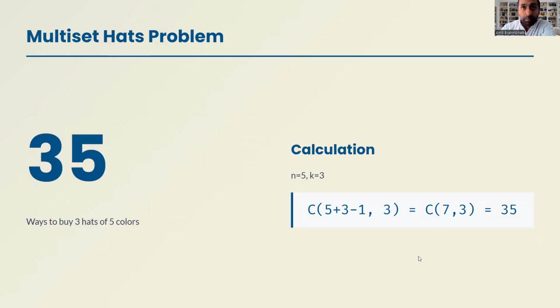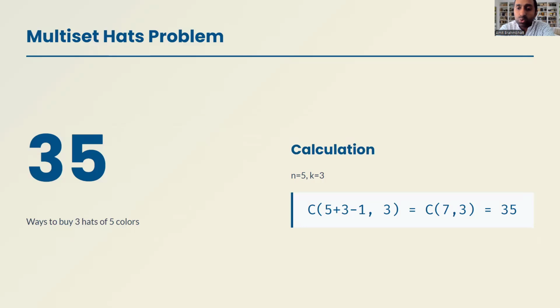Multiset hats problem. Let's practice with another real-world multiset problem. Suppose a shop sells hats in 5 different colors, and you want to purchase exactly 3 hats. Here, the number of categories n is 5, and the number of selections k is 3.